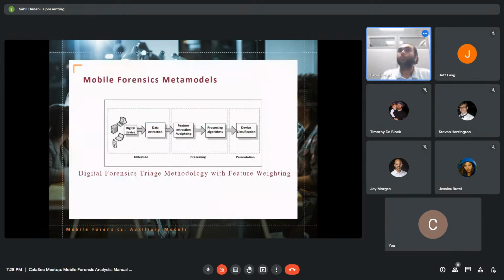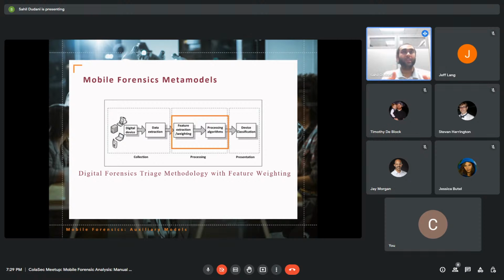So here we have the digital forensics triage methodology with feature weighting. The highlight or the difference from the previous model, the basic process model, is the feature extraction and feature weighting. First of all, these guys are using machine learning for analysis of the data, and they are presenting it with feature extraction and weighting.